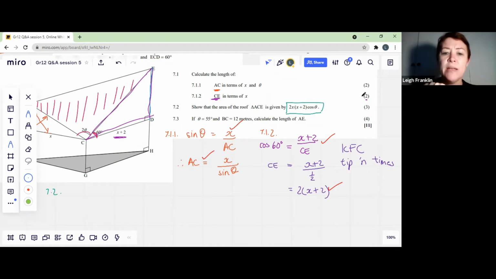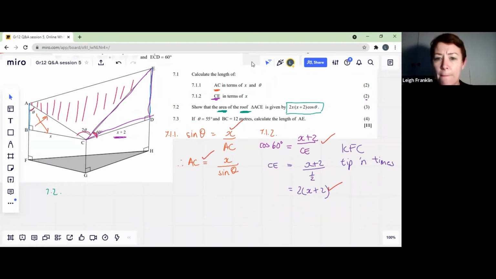So now immediately the area of the roof, okay, it's not a right angle triangle. So that means we need to use which rule? Can I use half base times height if I don't have a perpendicular height?